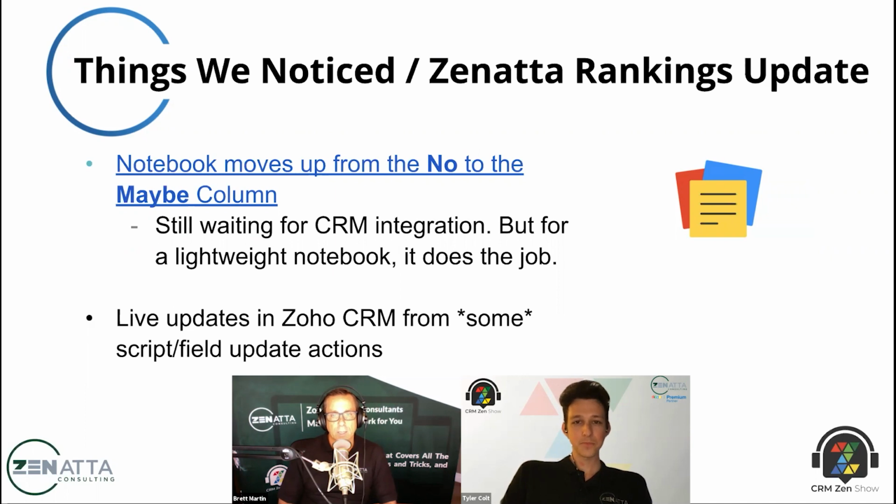So basically they've rolled this out, and it seems like it's happening on field updates and on scripts that are updating the same record that they're triggered in. So if you trigger a script in a deal that writes into that same deal, that seems to be showing right away. But updates across modules do not.